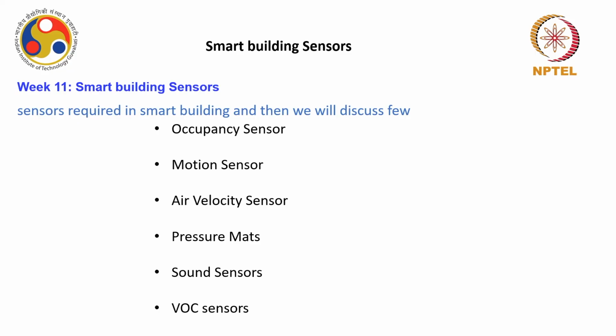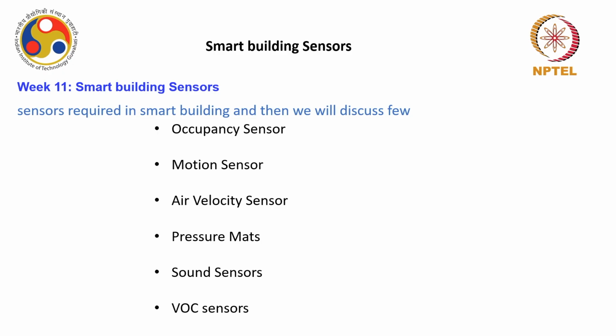Then week 11 and week 12, as I have mentioned, were mostly from the application point of view. The sensors required in a smart building are for occupancy monitoring and motion monitoring, so you have occupancy sensors and motion sensors.